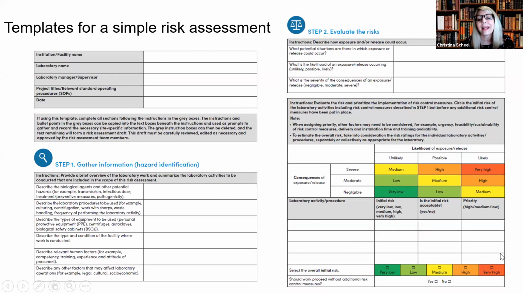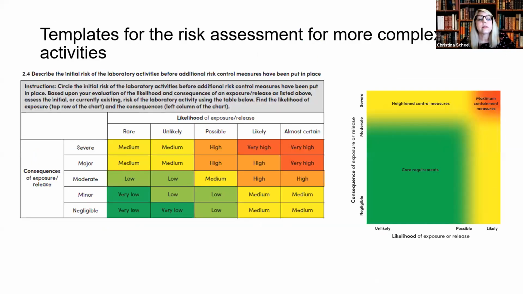And then it has this table where you're basically combining likelihood and consequences. This is an easy way to collect this information, record it, and to determine how much risk you have initially, and how controls you might add could lower that risk. And so I'm just showing you this blank template here. Okay. And we'll go into this a little further.